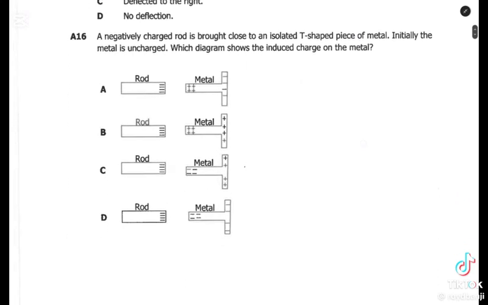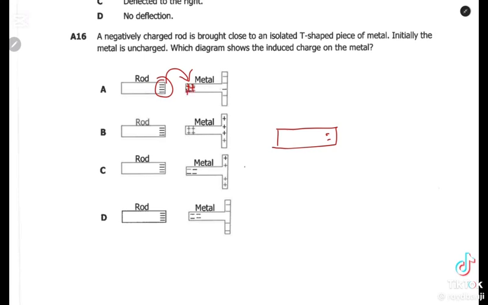Then question 16. A negatively charged rod is brought closer to an isolated T-shaped piece of metal. Initially, the metal is uncharged. Which diagram shows the induced charge on the metal? Always know that the induced charge should be the opposite to the charge. Here we have the negatively charged rod, so it will induce the opposite one, which is positive.